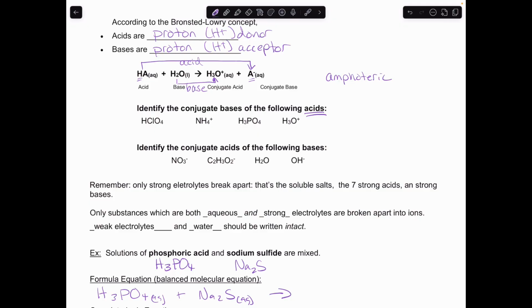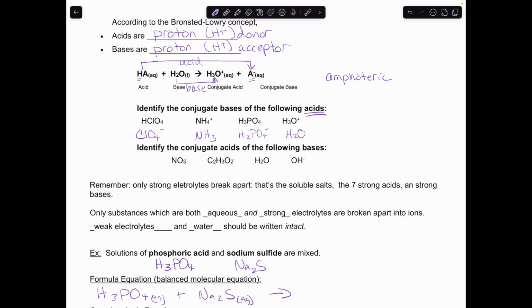So when this first substance donates a proton, it will become ClO4 with a -1 charge, right? Because it got rid of something positive. This next one, when it donates a proton, it will become NH3 with a neutral charge. It had a positive charge, now its charge is neutral. And likewise, H2 with a -1 charge. And what about this last one?